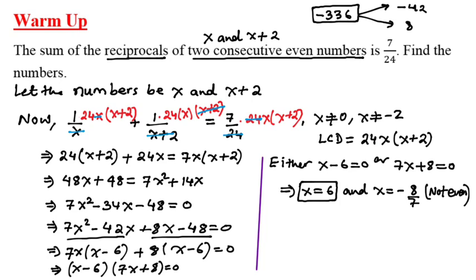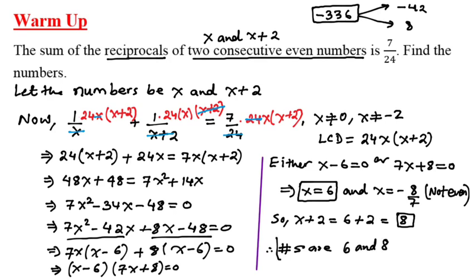We want two numbers, x and x plus 2. So x plus 2 will be equal to 6 plus 2, that is equal to 8. So that is the second number. Therefore the even numbers that we are looking for are 6 and 8. So these are the two numbers required.